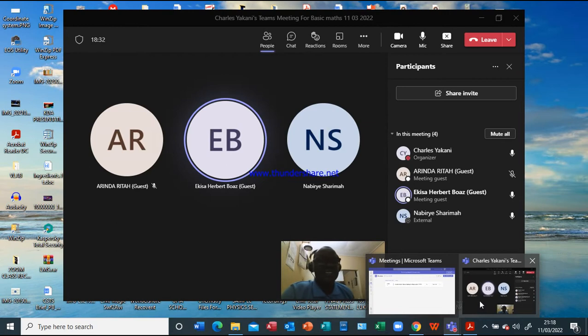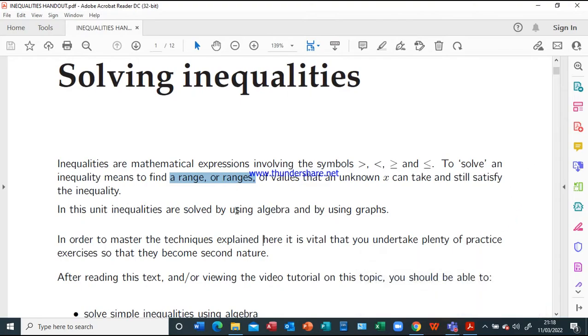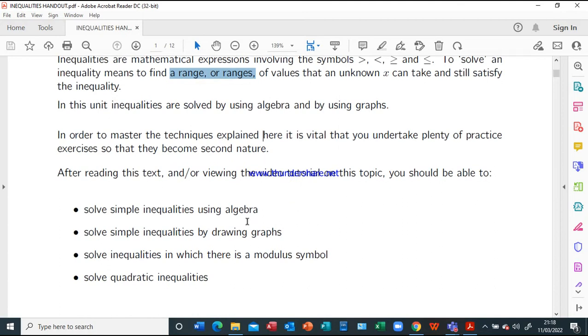Right. So I'm explaining about the range. Let me pick an example. When we're dealing with inequalities, instead of having a single value as in the case with linear equations, the unknown, say x, can take on a range of values that can satisfy it.